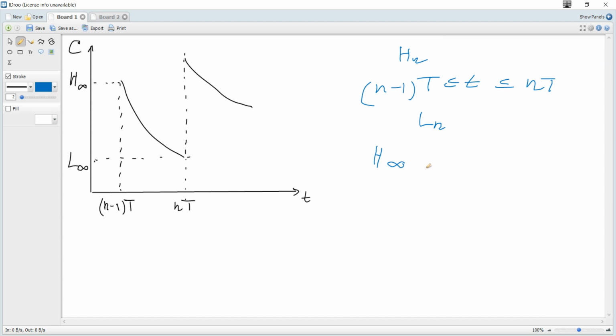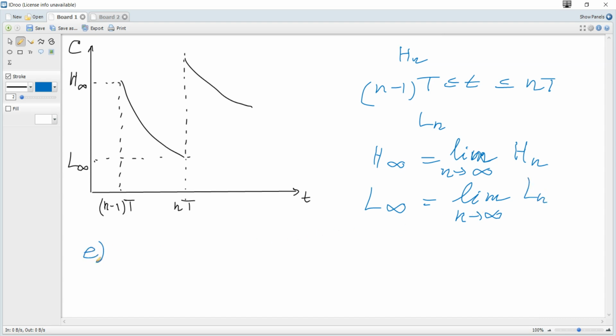H infinity is defined as the limit of Hn when n tends to infinity. It just means that many doses are taken, or over a long period of time. And L infinity is defined as the limit as n tends to infinity of Ln.